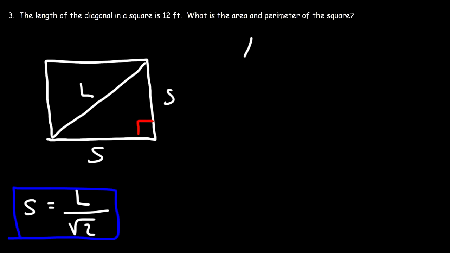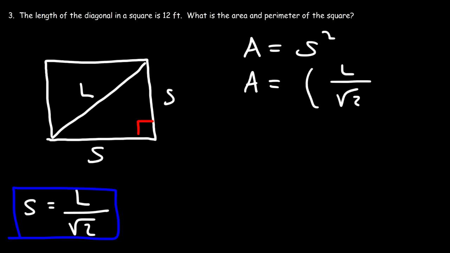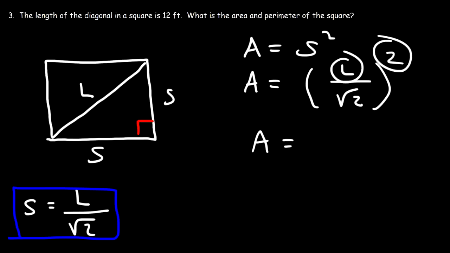Now the area of a square is s squared. And so what we could do is replace s with this expression. So the area is going to be L over the square root of 2, to the second power. And so here we have L squared, and then the square root of 2 squared.